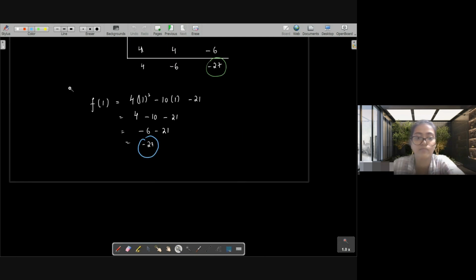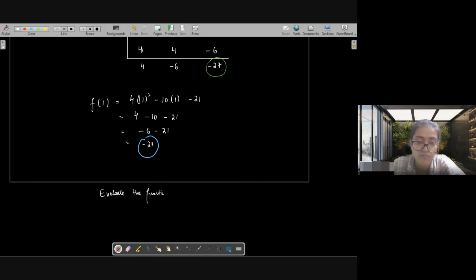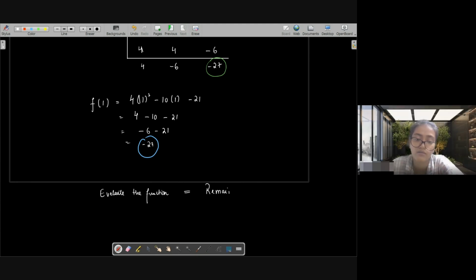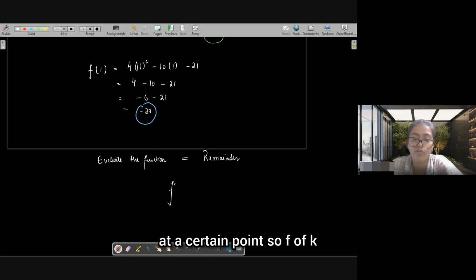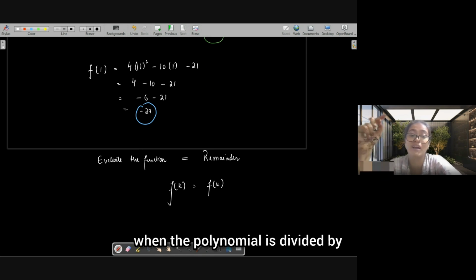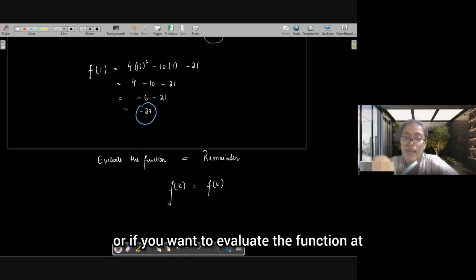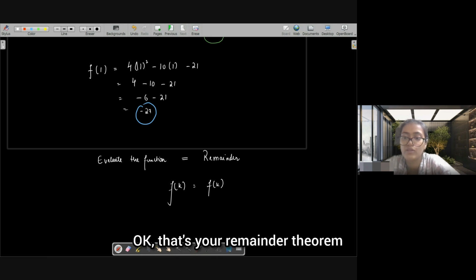You can evaluate the function, or you can find the remainder at a certain point. So f of k will give you both: the remainder when the polynomial is divided by x minus k, or the value of the function at k. Both are the same. That's your remainder theorem.